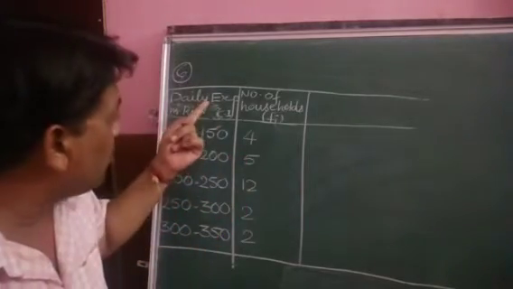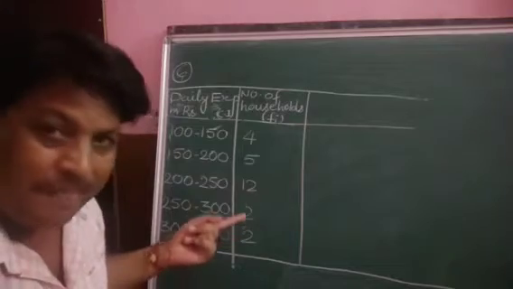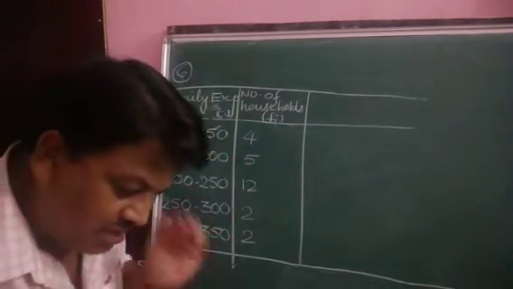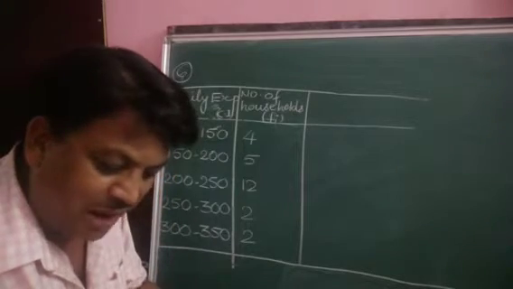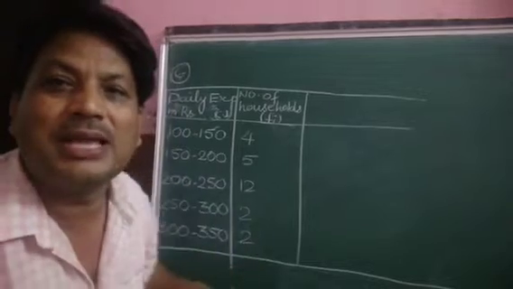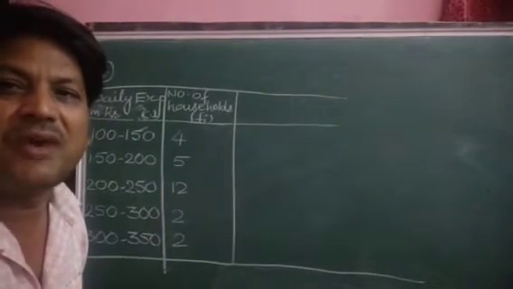Children, in the textbook the table is always given horizontally. For the solution you have to write it like this, and I have directly copied it to save space as well as time. Daily expenditure in rupees is the class interval, and the number of households is the frequency. Find the mean daily expenditure on food by a suitable method. By a suitable method you have to find it, children.